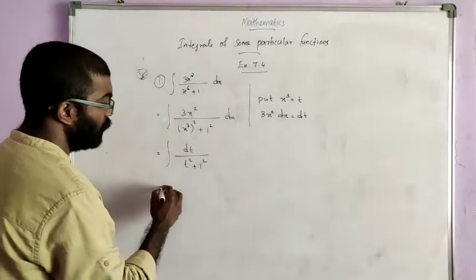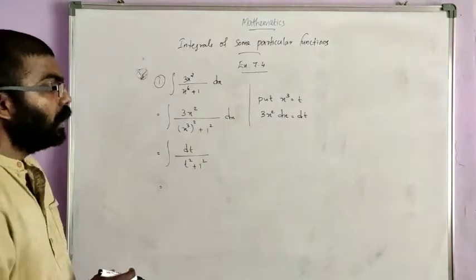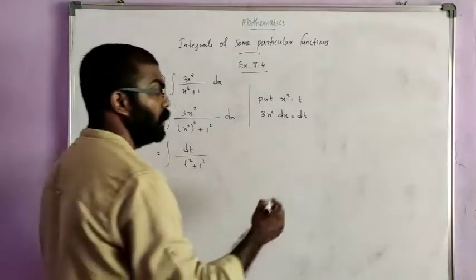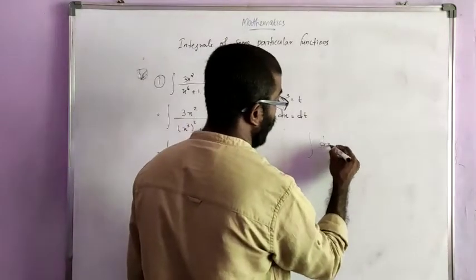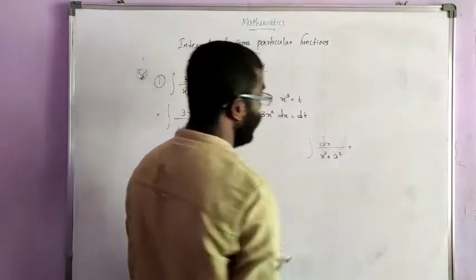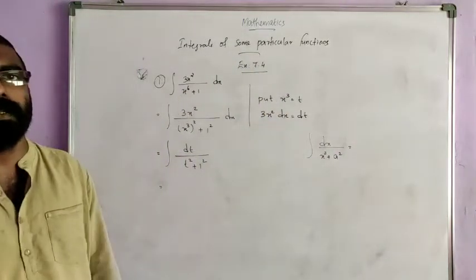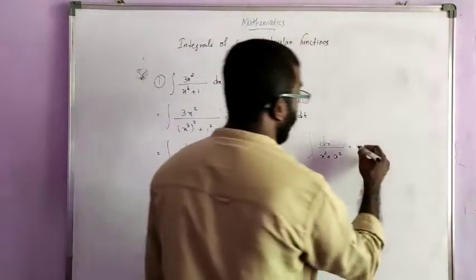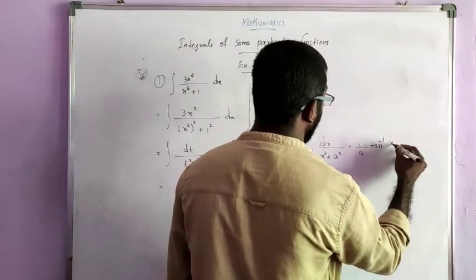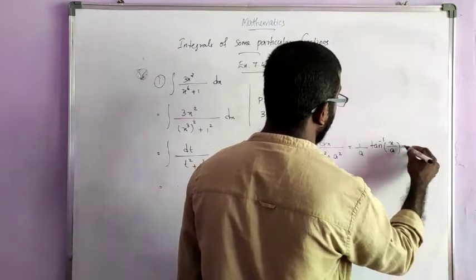1 square. Now it is in the form integral dx by x square plus a square. And what is integral dx by x square plus a square? It is 1 by a tan inverse x by a, then plus c.